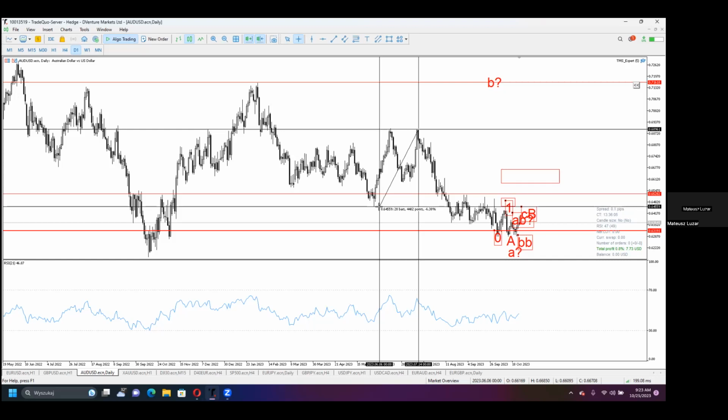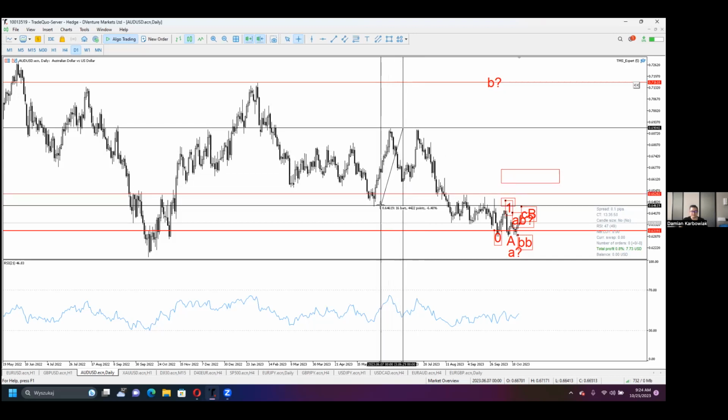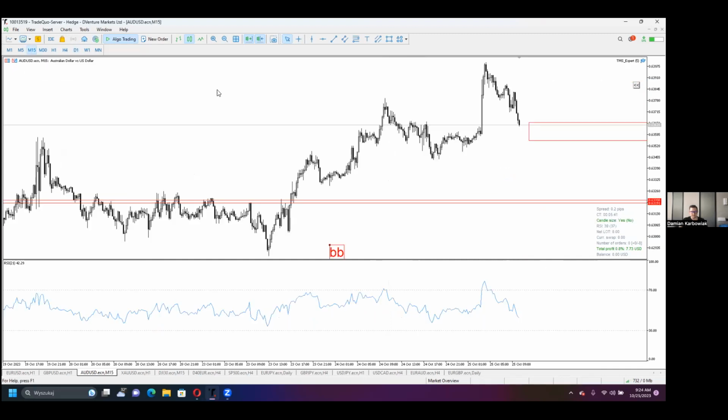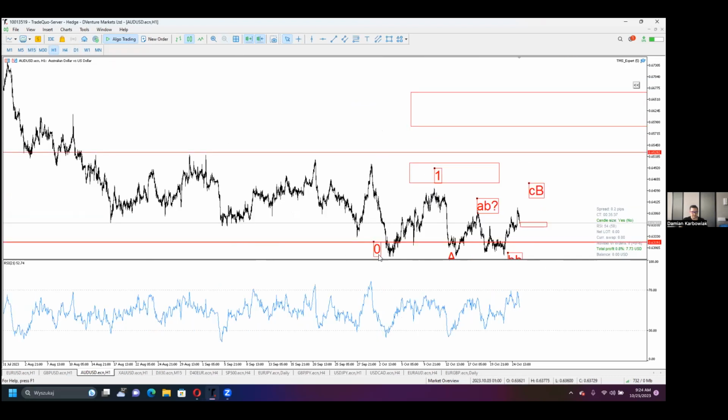Yeah, exactly. But you have to wait a lot of time to see the 1-to-1, and after that the overbalance, and again you have to wait for some part of the correction. So yes, I shouldn't put 0 and 1, and I will not send this notification to you through the app, but this is just for us as a small remark, because when you see the chart without any remarks, when I delete all of these lines, it will be harder for you to understand where you are right now.